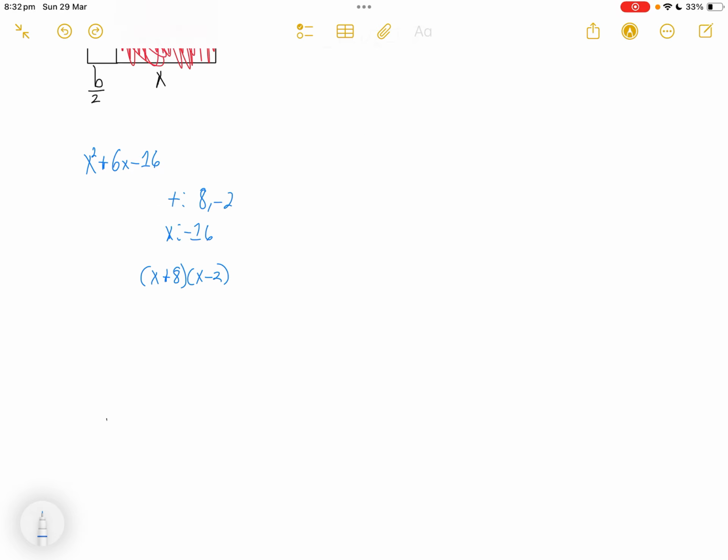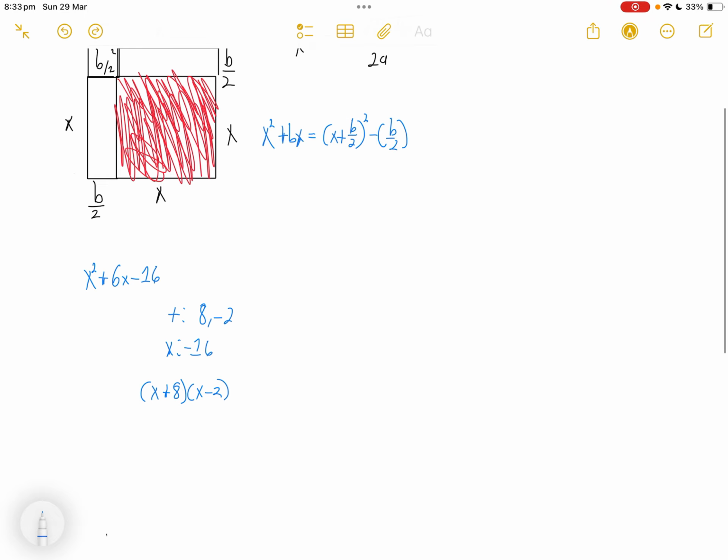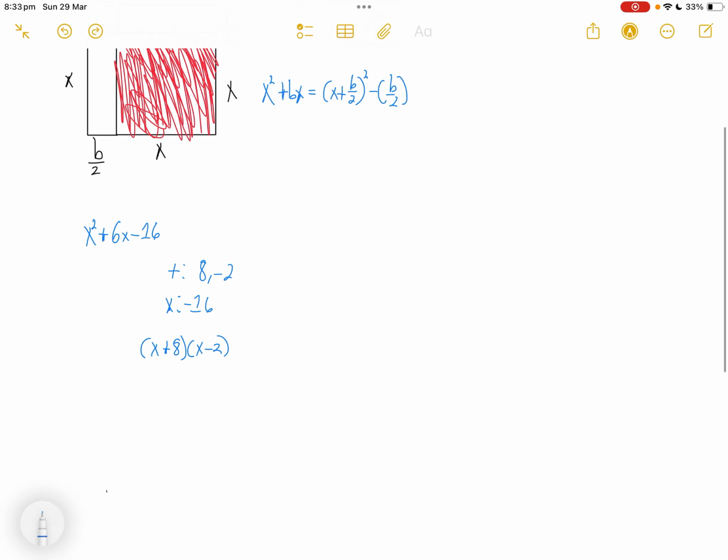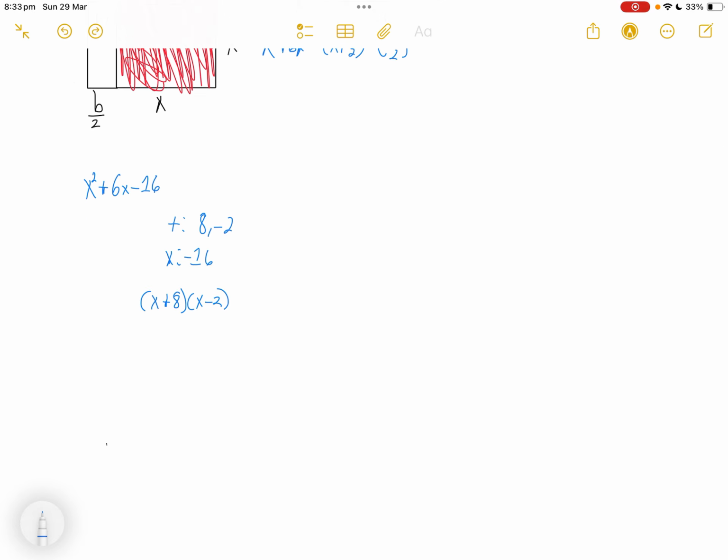Now let's jump back to using the complete square method on the same polynomial we just worked on. There is one thing that you have to consider. You have to write down the method based on the parameters that are listed here.